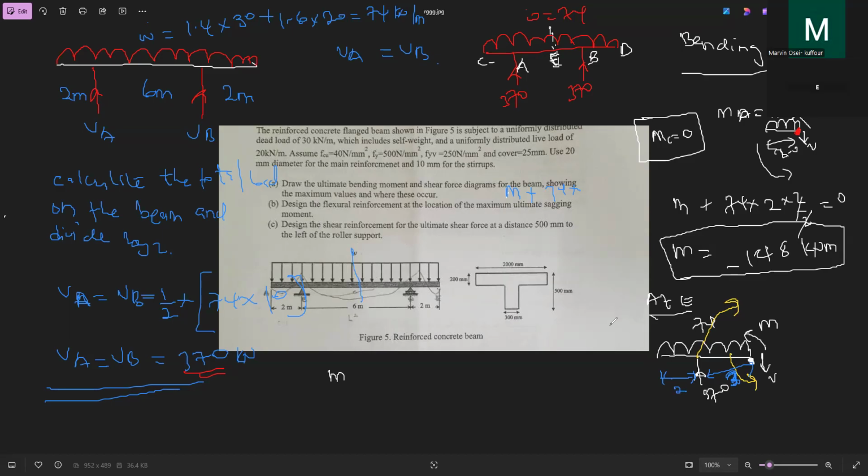Very good. So the total distance will be 5. So M plus 74 times 5 over 2 should be equal to the one causing the clockwise moment, which is 370 times the distance, 3.